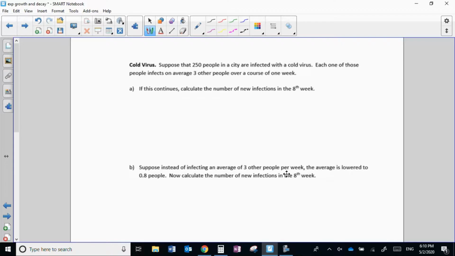So we've got an initial amount, 250 people, and we have a growth rate. In this case, 3 other people would mean that they're tripling each time. So our calculation is our initial amount times our growth rate, in this case 3, to the power of 8, which is going to give us the answer for the 8th week.